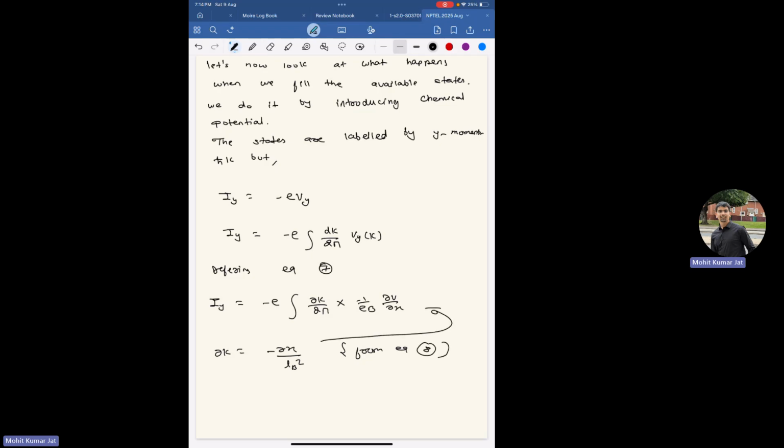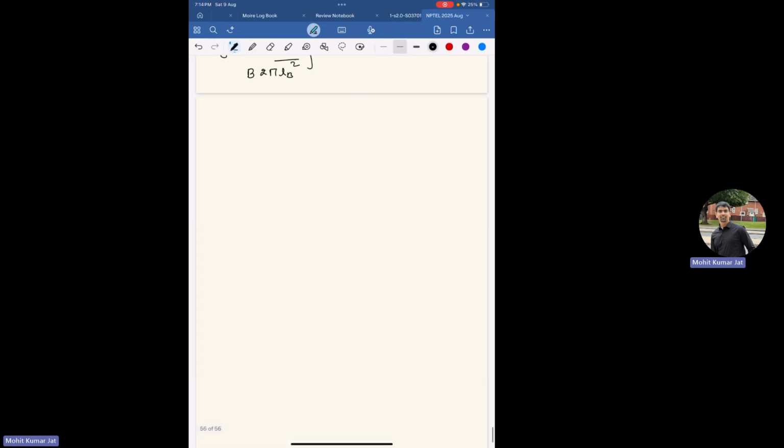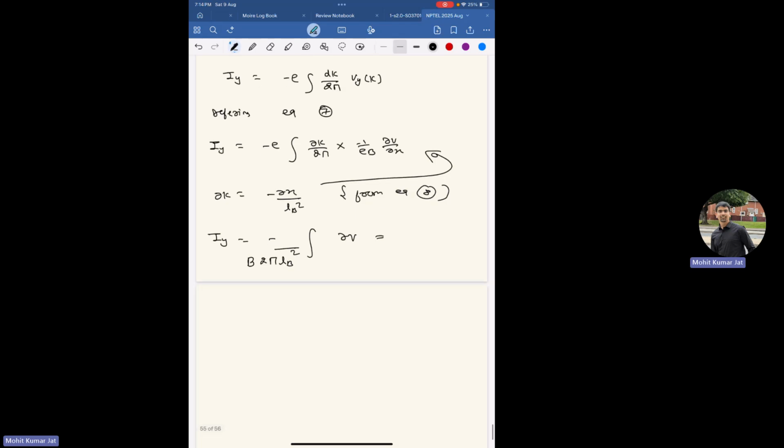If you substitute this here, what you will get is Iy equals minus E by lB square 2 pi, and you will get delta V, with lB square by h bar by eB basically.